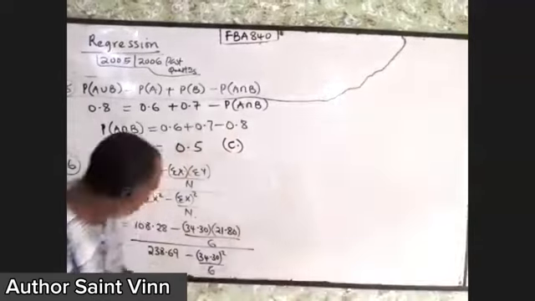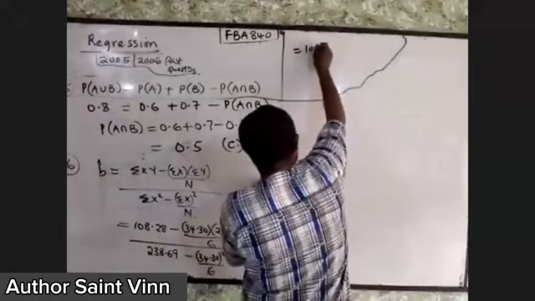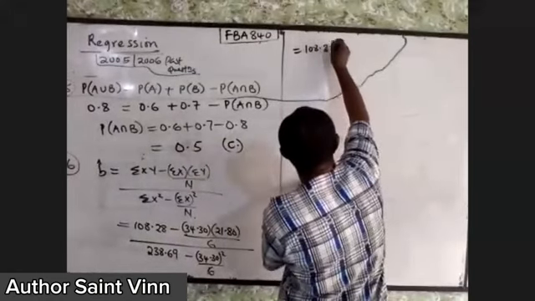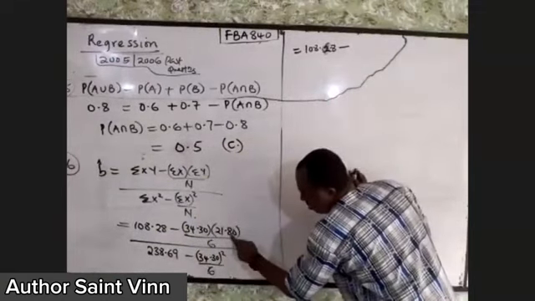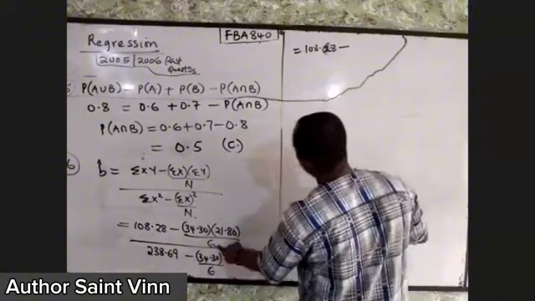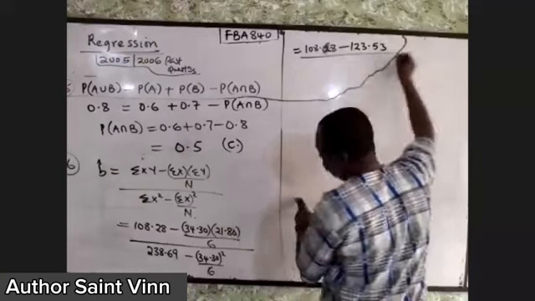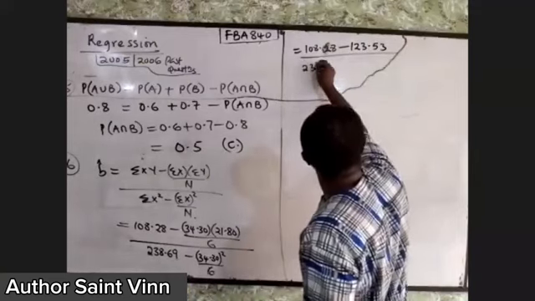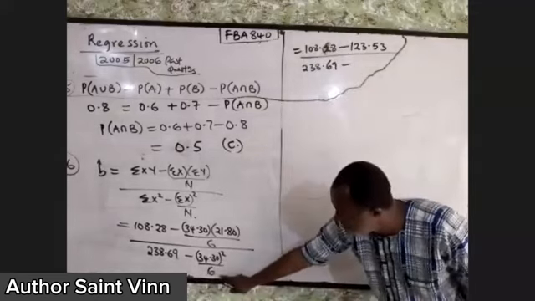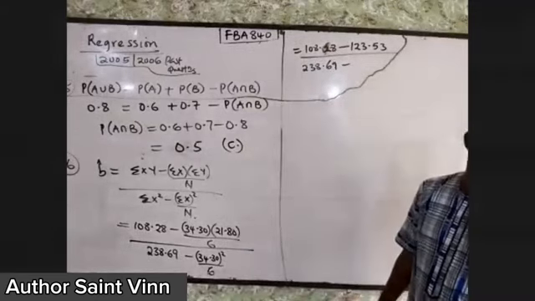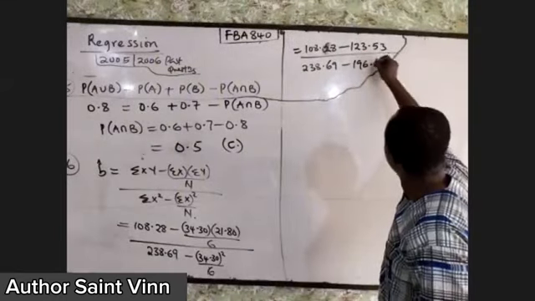This is number 108.28 times 6 divided by 6. What do you have? 123.5. That's the numerator. The denominator here is 238.69 minus the square of this divided by 6. What do we have? 196.08.